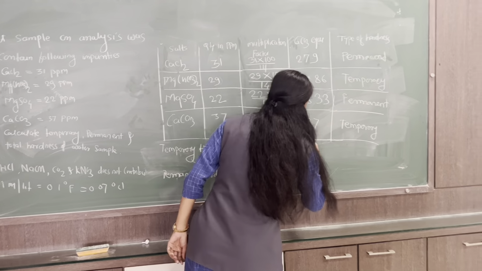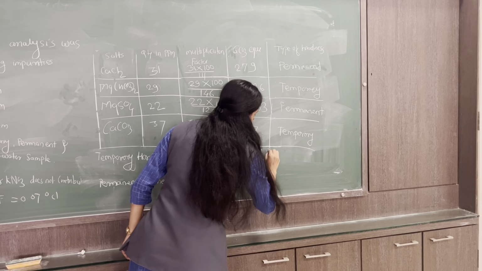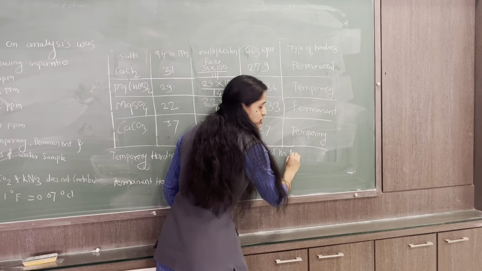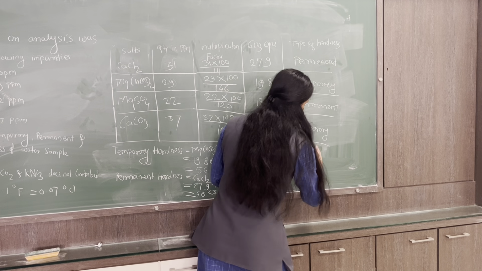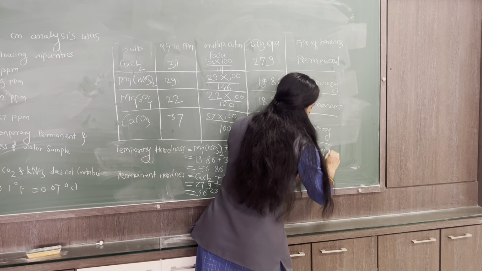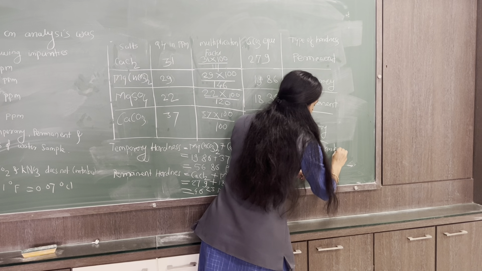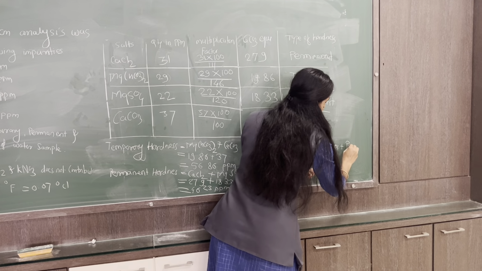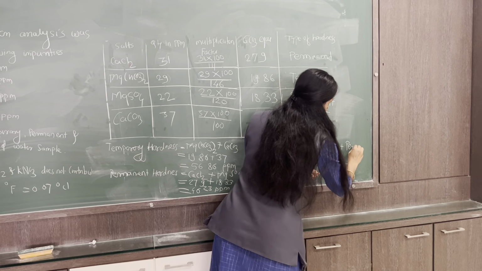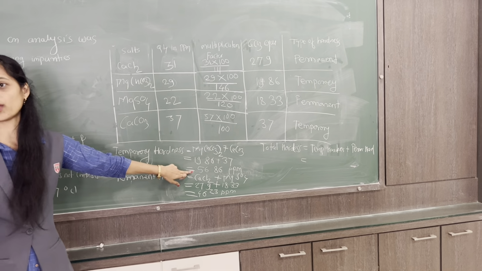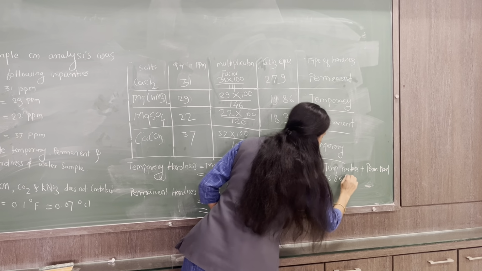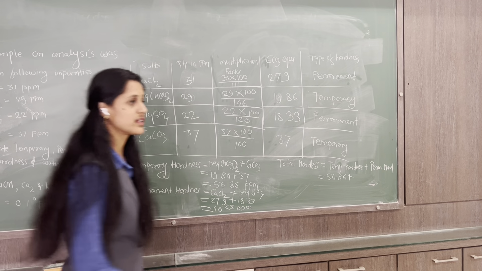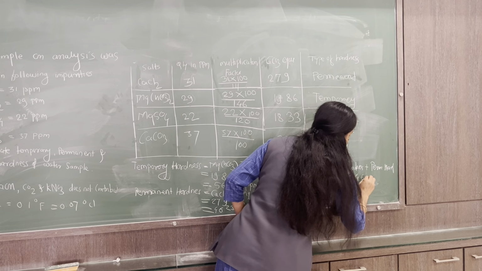Now we have to calculate the total hardness. What is total hardness? Again, summation of temporary hardness, right now I am writing TH, temporary hardness plus permanent hardness. So temporary hardness is 56.86 plus 46.23.